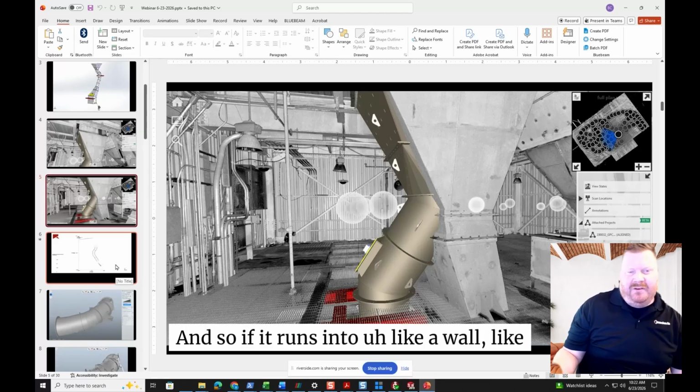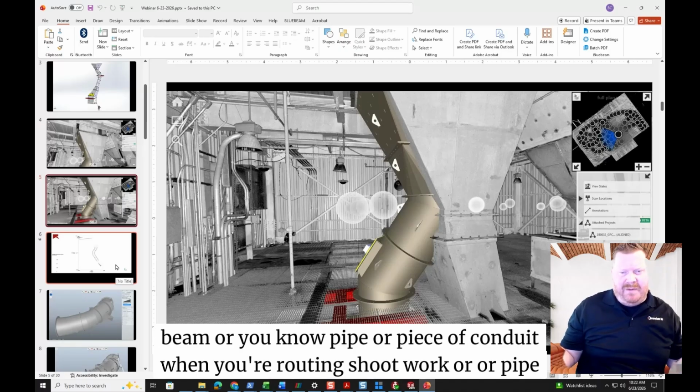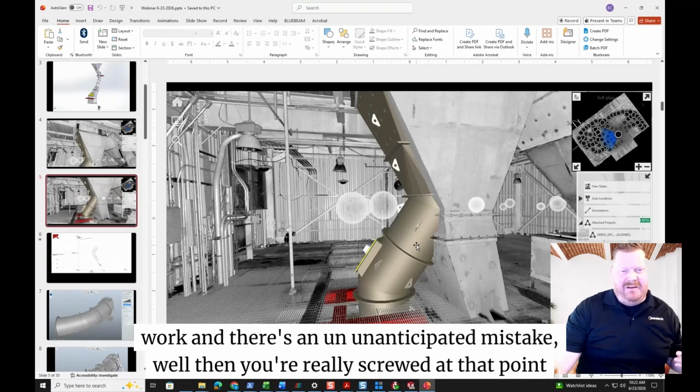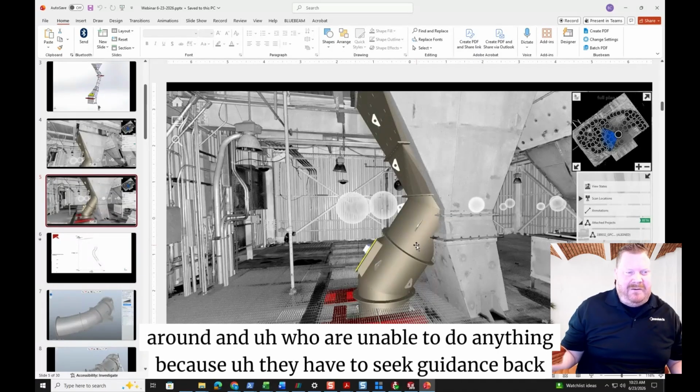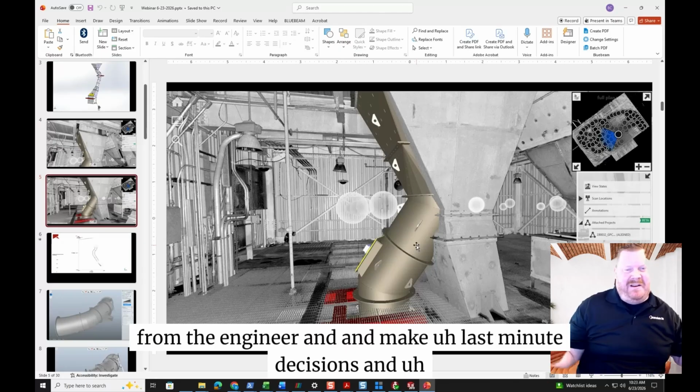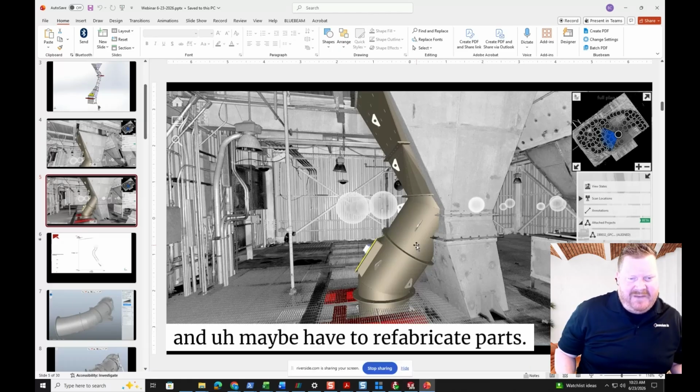If it runs into a wall, a beam, a pipe or a piece of conduit when you're routing chute work or pipe work, and there's an unanticipated mistake, then you're really screwed at that point, because now you have an entire crew of qualified journeymen standing around, unable to do anything because they have to seek guidance back from the engineer, make last minute decisions, and maybe refabricate parts.